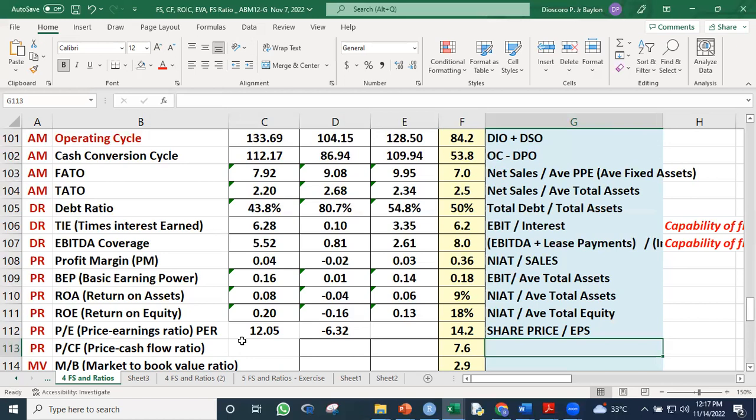Okay, so what is the implication? In terms of PER, which is more attractive? Our company or the direct competitor? In terms of PER, which one is more attractive? Class, please chat. Which company is more attractive based on PER?